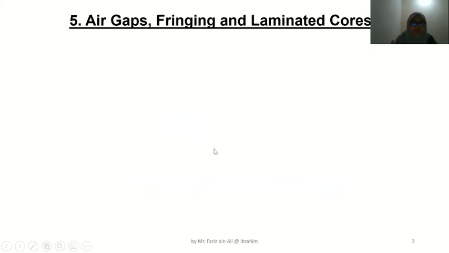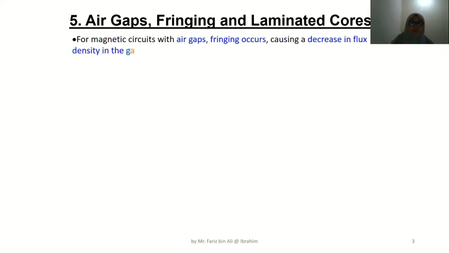Next, the air gaps, fringing, and laminated cores. For a magnetic circuit with air gaps, when we have some division in the core, you have the air gaps, and fringing occurs, causing a decrease in flux density in the gaps.